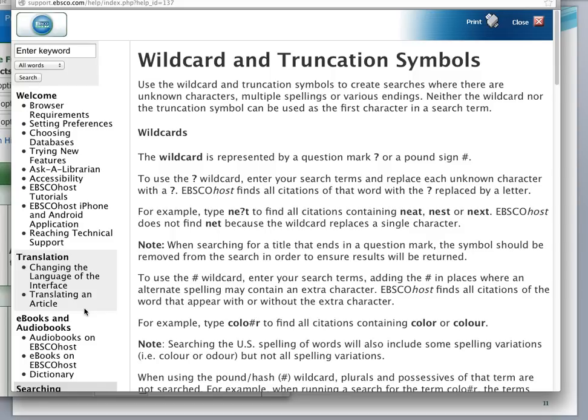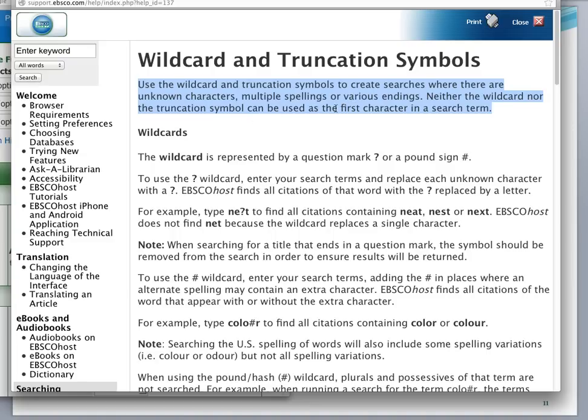You use the wildcard and truncation symbols to create searches where there are unknown characters, multiple spellings, or various endings. Neither the wildcard nor the truncation symbol can be used as a first character in a search term.